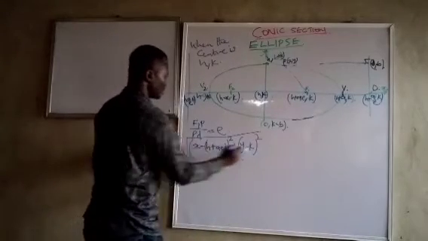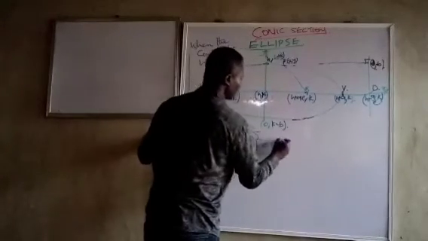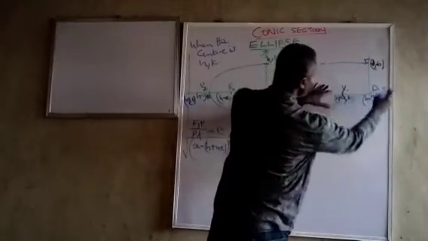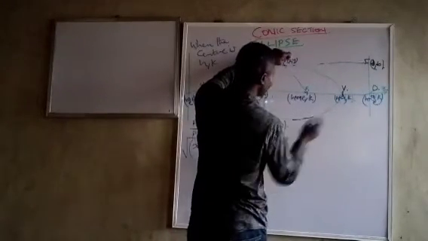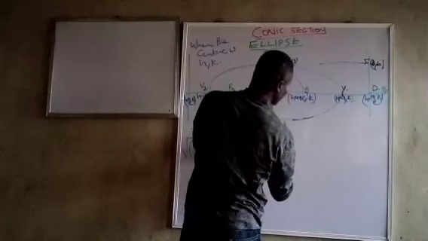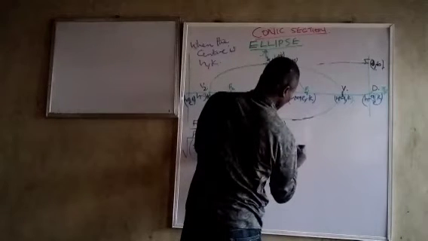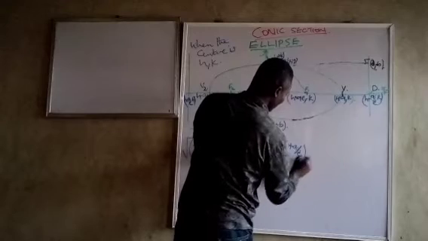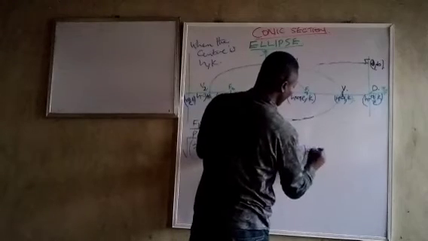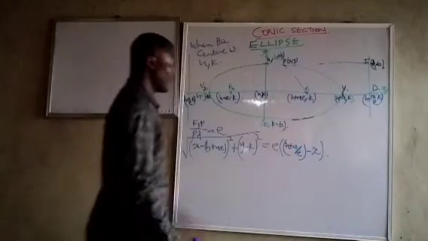Let's square root it. It's going to be e times this place, which has become h plus a over e, sorry please, minus x.